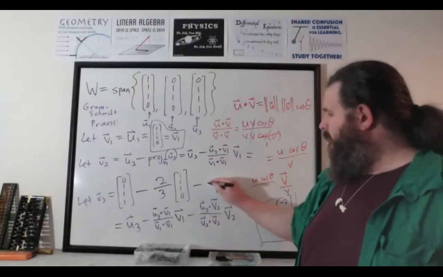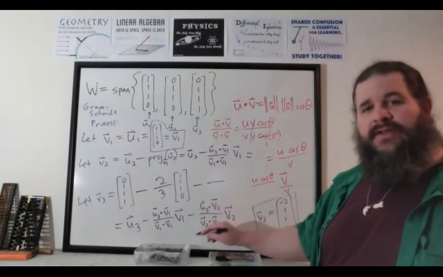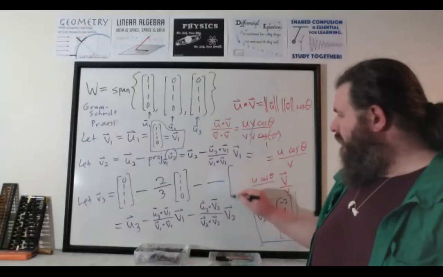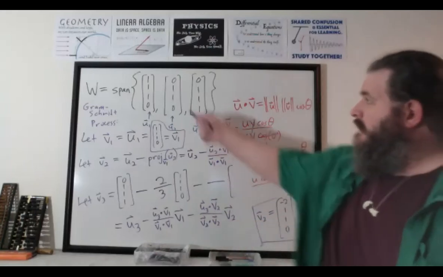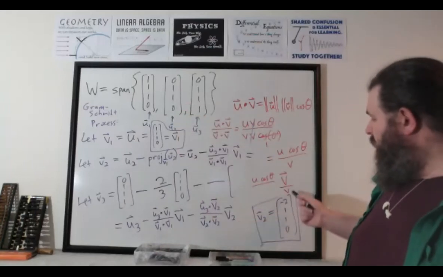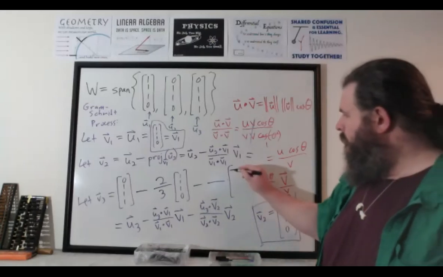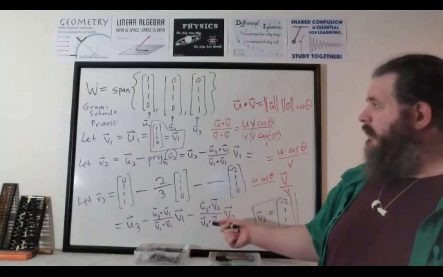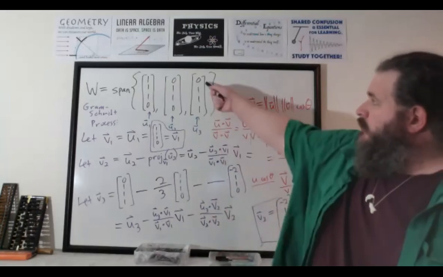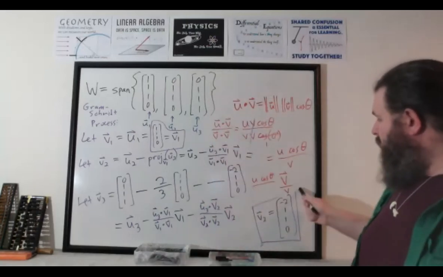And then for the other one, we're taking u3 dot v2 over v2 dot itself times v2. And keep in mind, we're using v2 here, the one we just calculated, not u2. So v2 is (-2, 1, 1, 0). And then we'll need these dot products, u3 dot v2. So we take u3, (0, 1, 1, 1), dot v2.